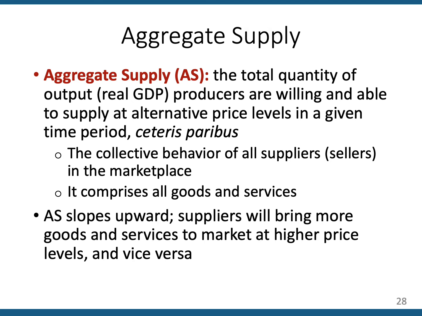So as the price index rises, producers are willing to bring more products, greater quantities of goods and services to market. And so it's an upward sloping curve, just like it is in an individual market. And the explanation for that is very similar to the explanation for the upward sloping supply curve in an individual market.